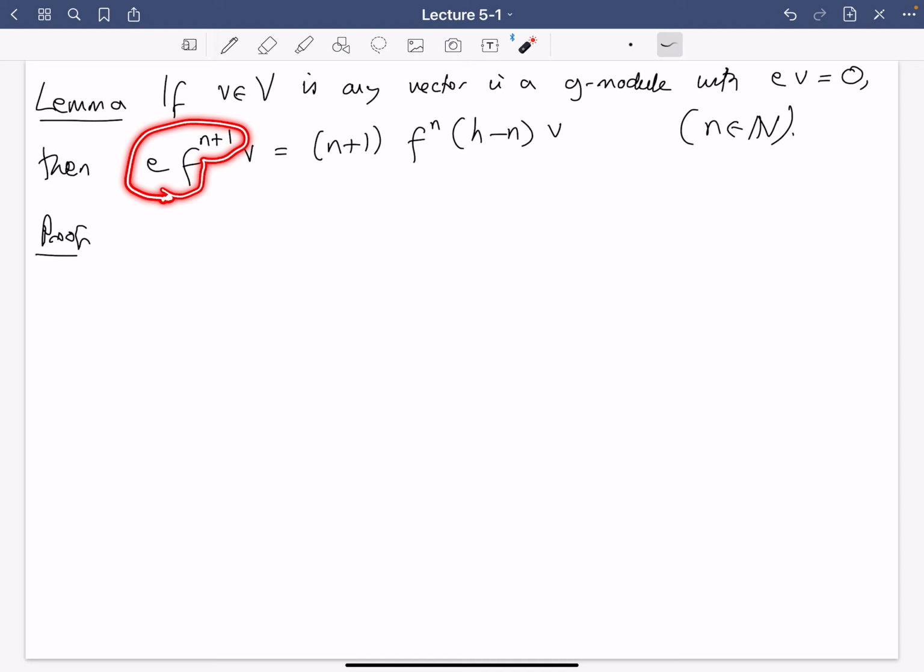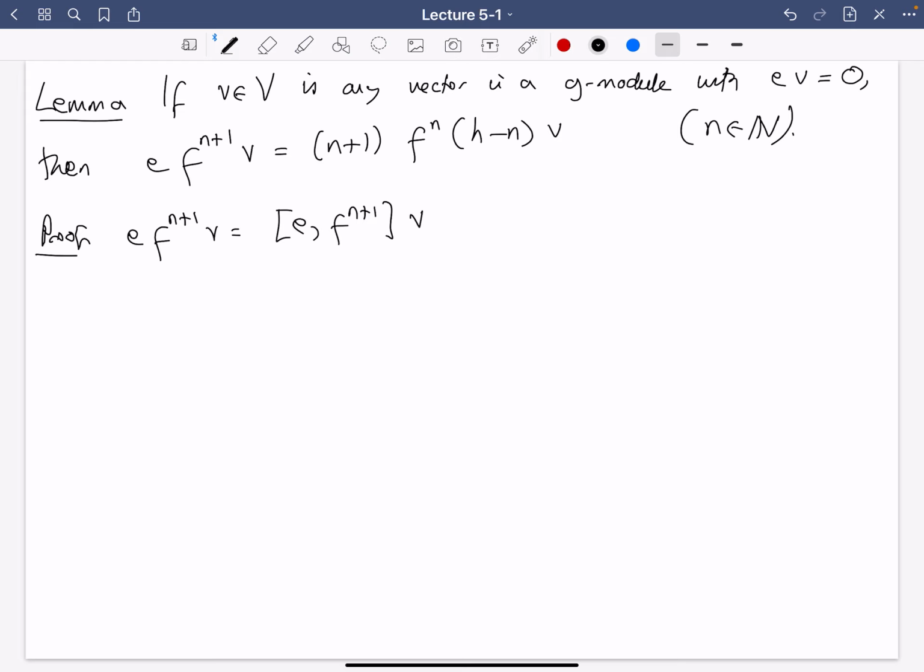There's no Lie brackets there, that's just an associative algebra monomial. And V is just a module over that associative algebra. So that's very convenient in this notation. And so the proof is just, well, E f to the n plus 1 v, that's the same as taking the commutator in the universal enveloping algebra, E f to the n plus 1, and acting on v. That's because E kills v.